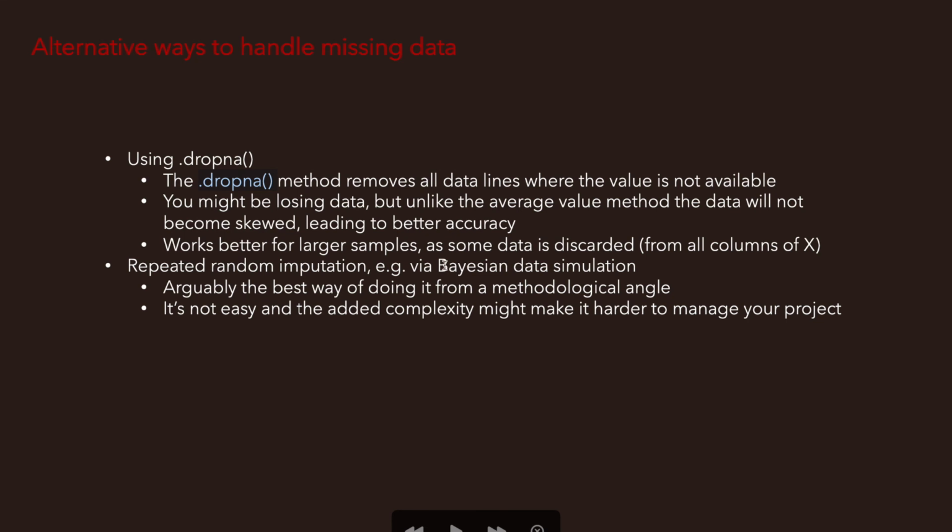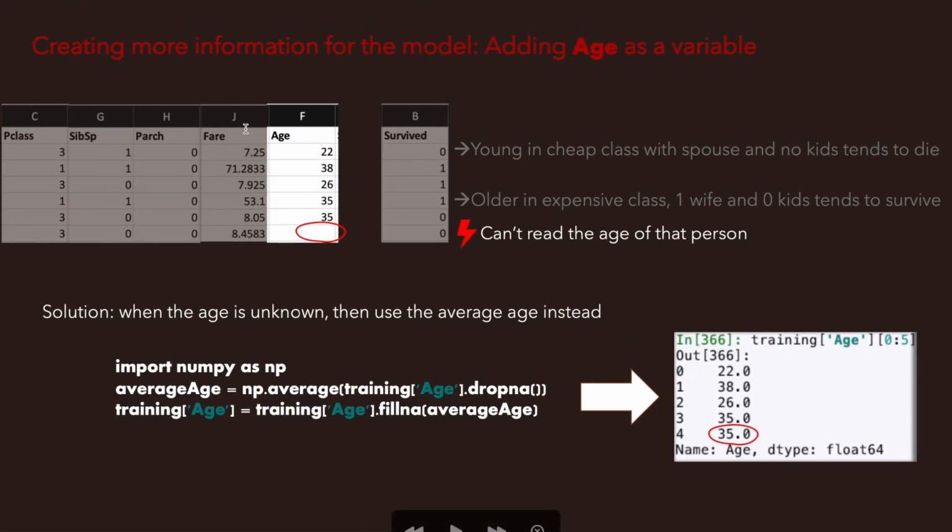The gold standard in handling missing data is to use some sort of simulation to create a distribution for the entire column of data. So we're essentially modeling the entire age column, and then every time there is a missing value, we're trying to create the most likely value for that missing cell.